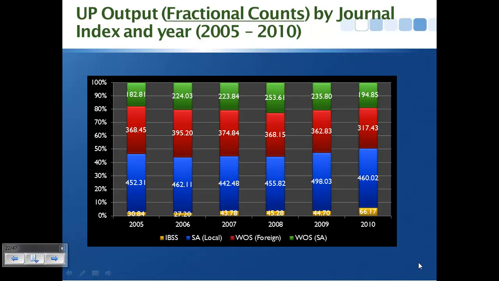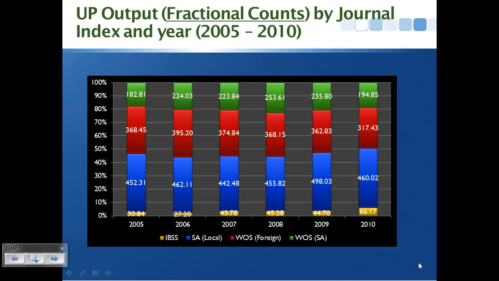So even though Pretoria produces in absolute numbers more papers per year than UCT, not in the Web of Science. 50% of their 1,400 papers, that's 700, versus 90% of the 1,300, you can make the sums. So UP does not have a presence in the Web of Science on the indicator that counts the most.